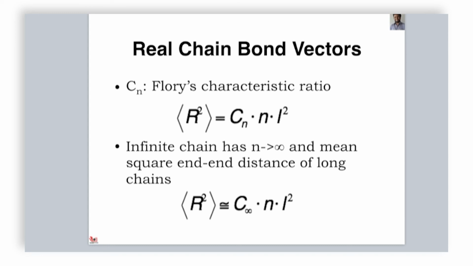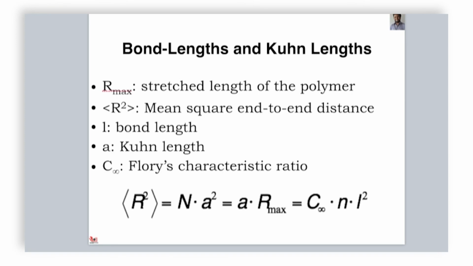Indeed, an infinite chain has n infinitely long, obviously, and then the mean square end-to-end distance becomes R square equals C infinity times nL square. Indeed, the bond and Kuhn lengths are also slightly modified by this Flory's characteristic ratio.